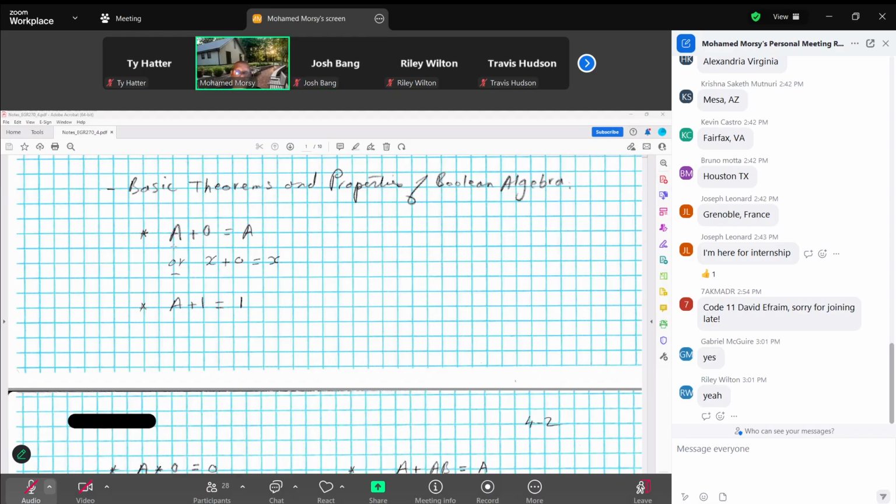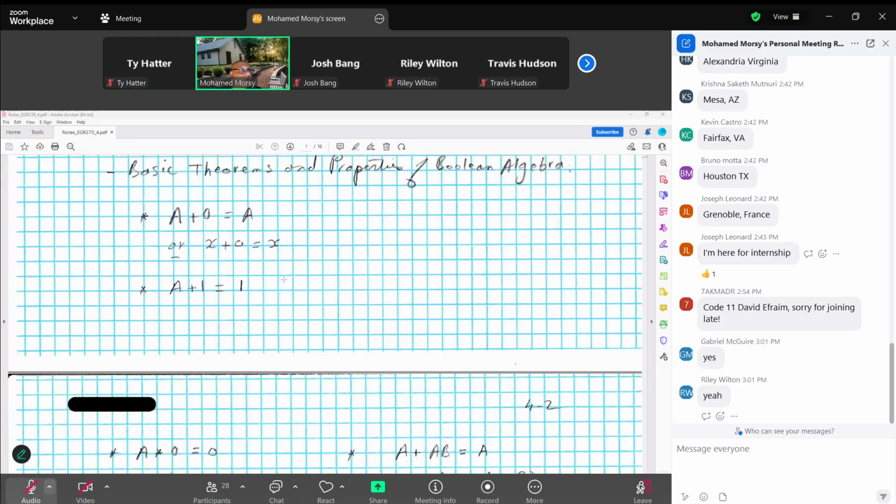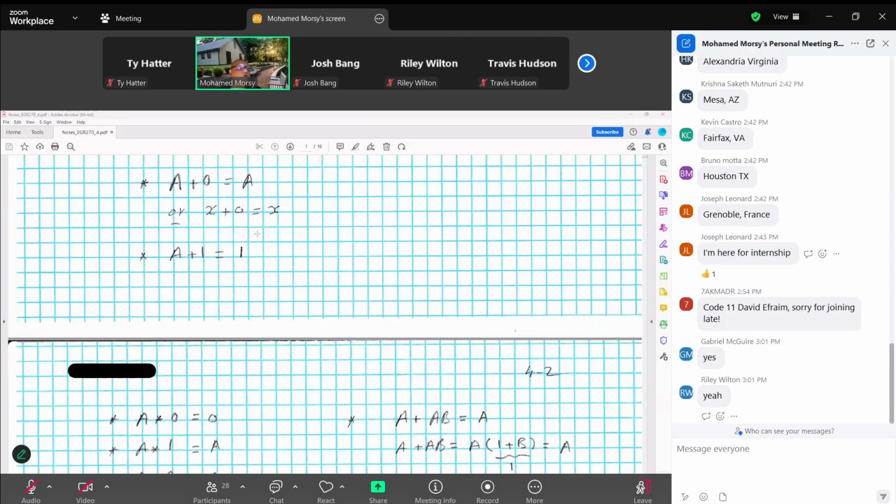If A is 1, remember A, X, Y, whatever, is just 0 or 1. So if A is 1 plus 0, it is 1. If A is 0 plus 0, it is 0. So A plus 0 is A. Or of course, X plus 0 is X. You can use any variable you want to express the bits.